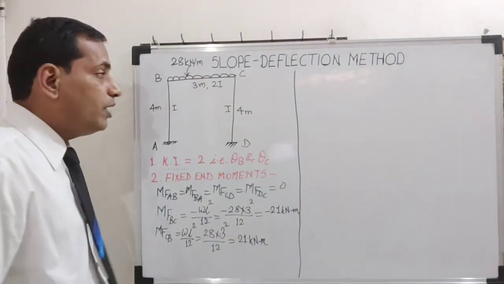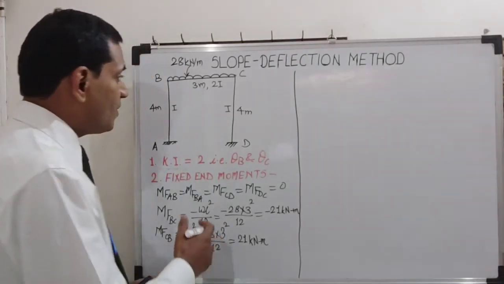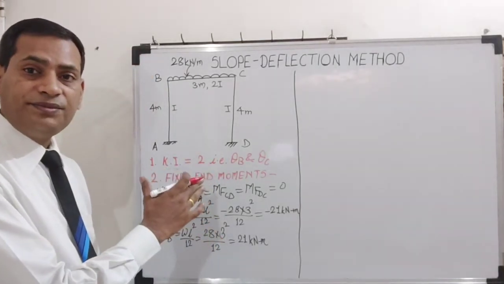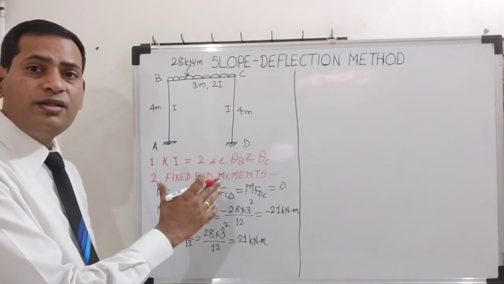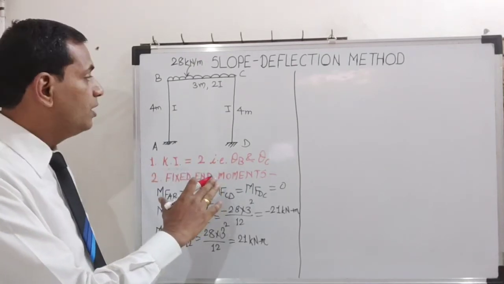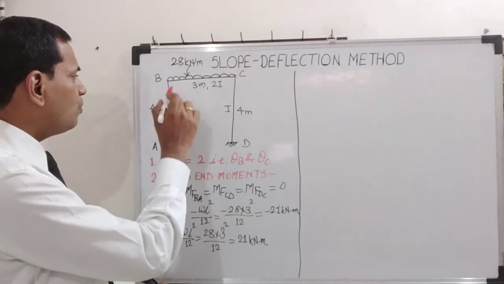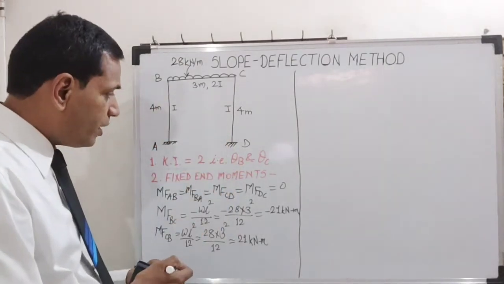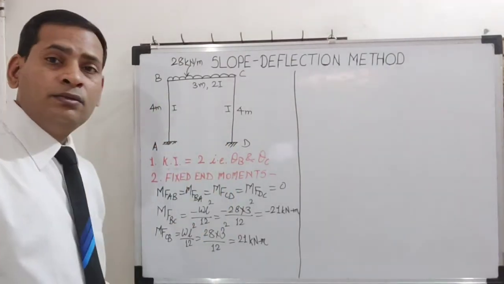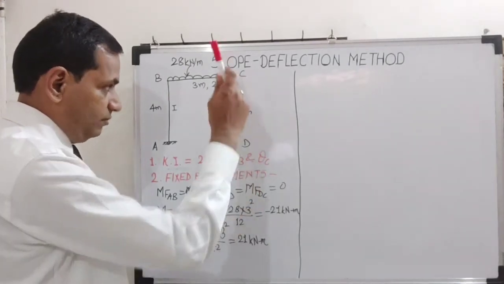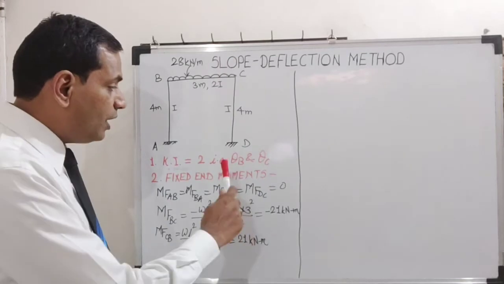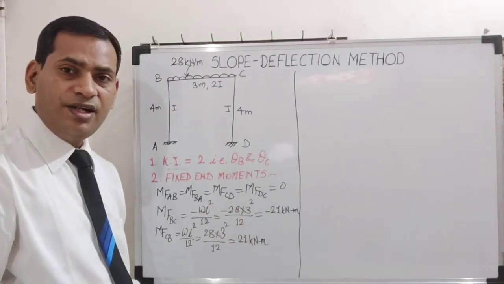We are going to make use of one condition, the symmetry of the frame. Geometrically as well as loading wise, the given frame is symmetric. It means whatever the rotation of joint B is, it will be equal and opposite to that of C. It means theta B will be equal to minus theta C.